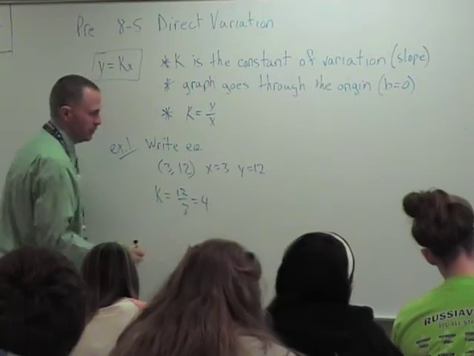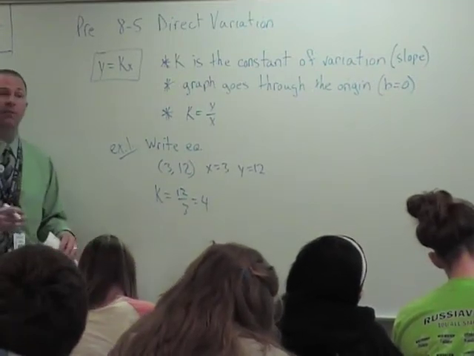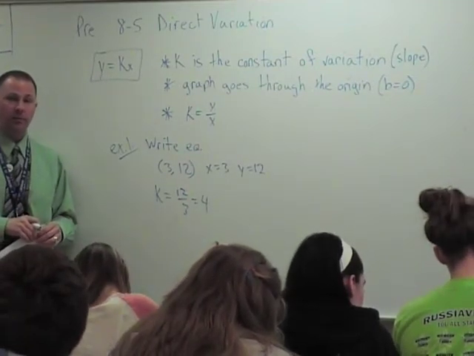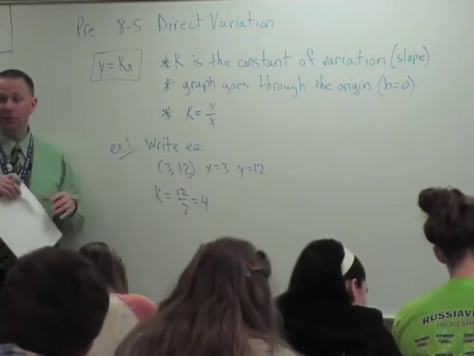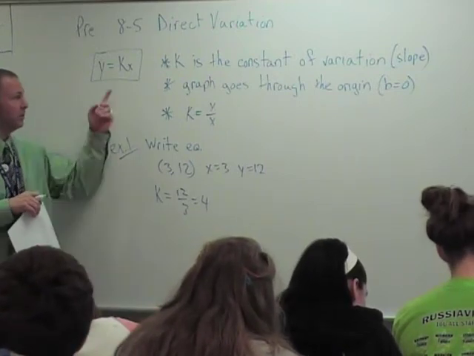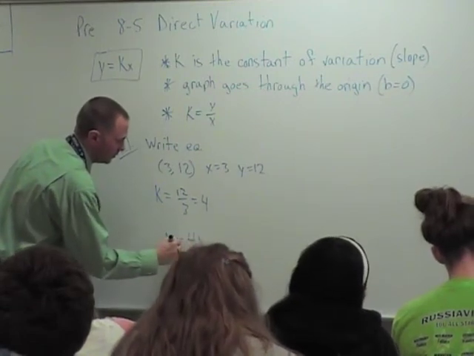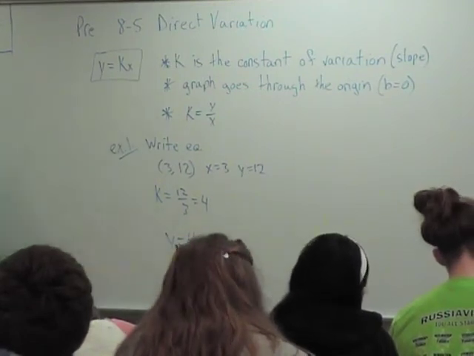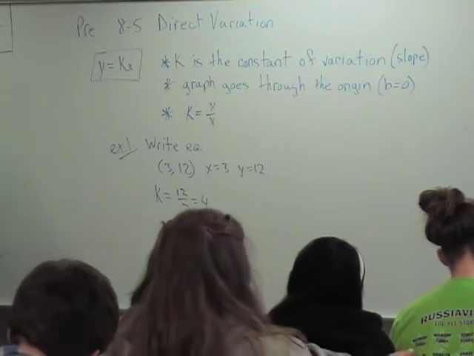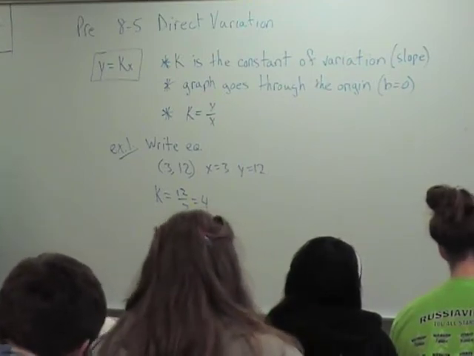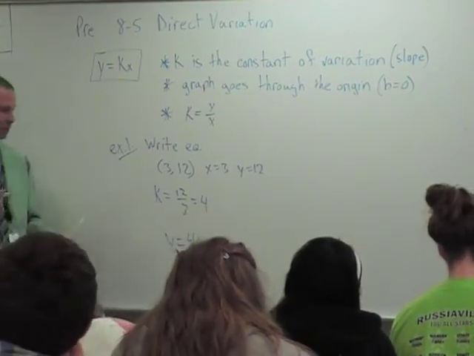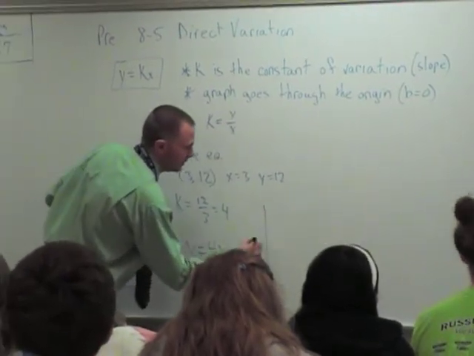which is 4. All right, so now I want a direct variation formula for all of the values of x and y where k is 4. So now all you do is fill in what k is for all values of x and y. That's the answer. So if you want to look at this as a graph, which you're not necessarily graphing, I'm going to show you.